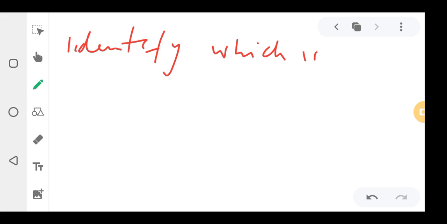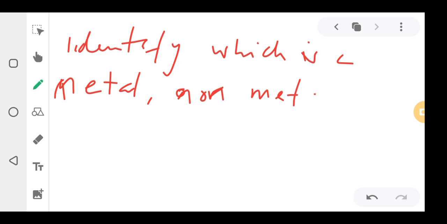So identify which is a metal, non-metal, inert gas.